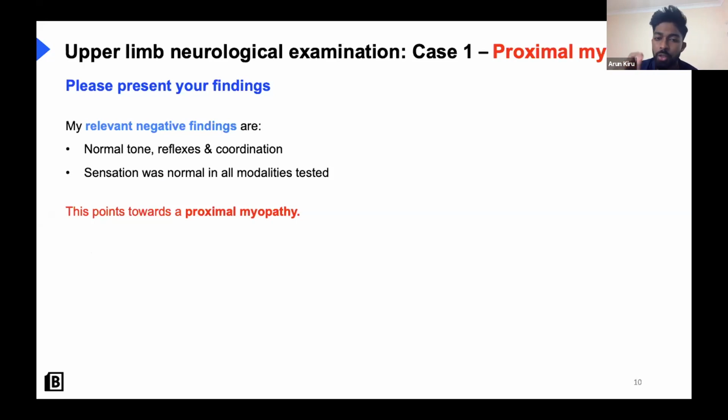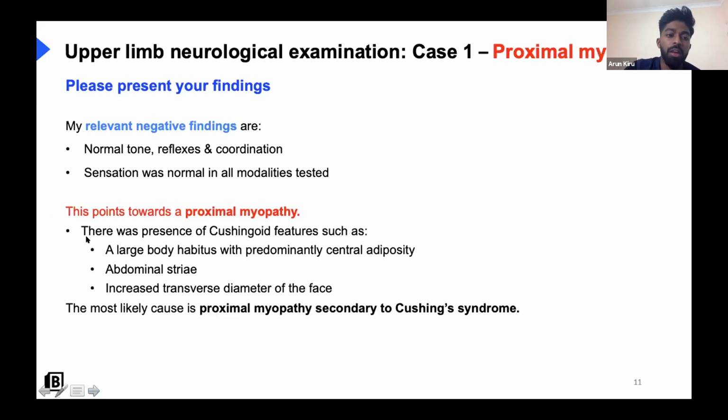But here we always try and go one step further and add in, using that holistic, case-based approach, picking up on extra findings and the absence of findings as well. There was presence of Cushingoid features, such as a large body habitus with predominantly central adiposity. There was abdominal striae.